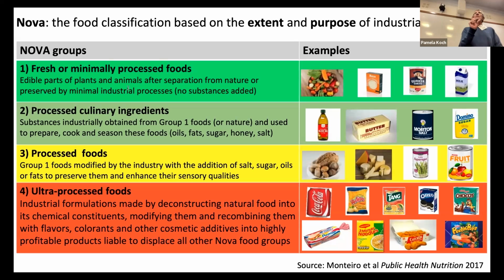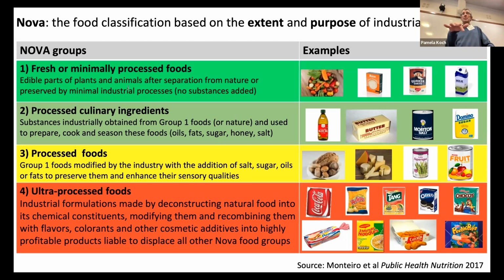First of all, NOVA is based on food processing, but not on any feature of food processing, but specifically on the extent and purpose of industrial food processing. So NOVA doesn't deal with culinary preparations. If you prepare something at home, it's a culinary preparation, so it's not industrial processing. This is the first important thing.